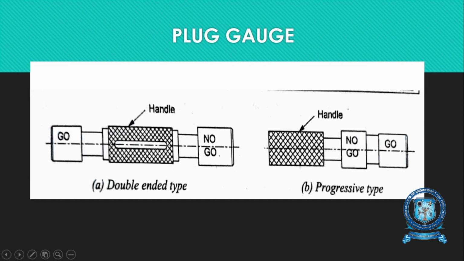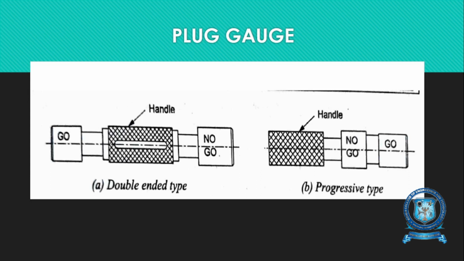The figure shows the double-ended type plug gauge and the progressive type plug gauge. In the double-ended type, the go end is on one side and the no go end is on the opposite side. But in the progressive type, the go gauge and no go gauge are on the same side.